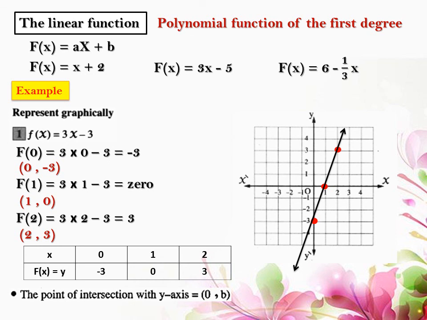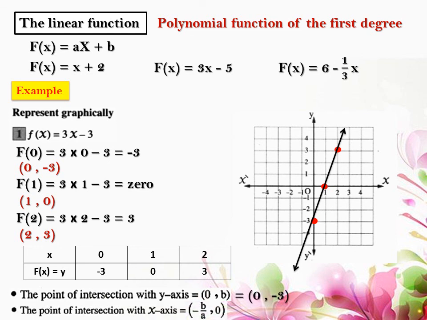Firstly, the point of intersection with the y-axis equals 0 and b. Always the first projection is 0 and the second is b. b here is negative 3. In this example, b is negative 3. So the point of intersection with the y-axis is 0 and negative 3.